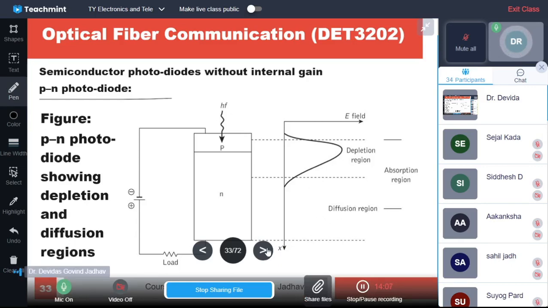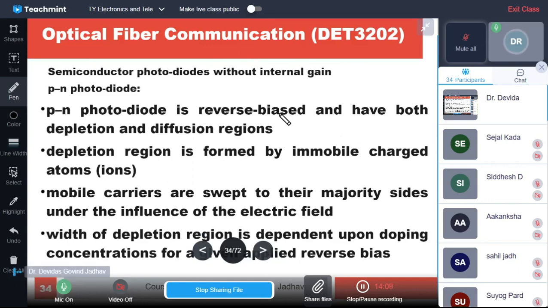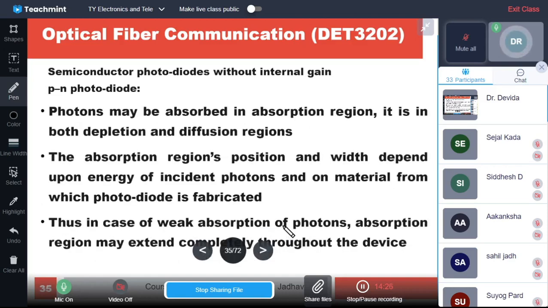So it is reverse biased, as seen in the figure. The depletion region is formed by immobile charge ions. Carriers are swift if absorbed in the depletion region, but the depletion region width depends upon doping concentration. So the depletion region must be as large as possible.